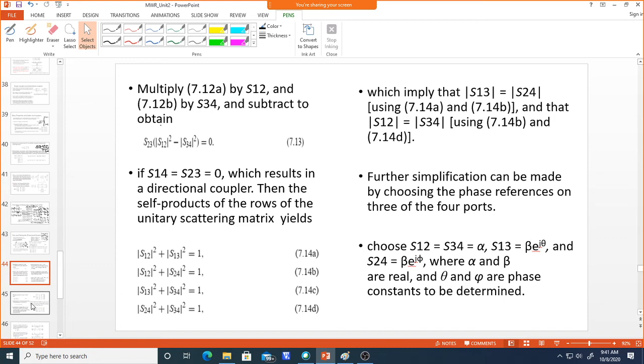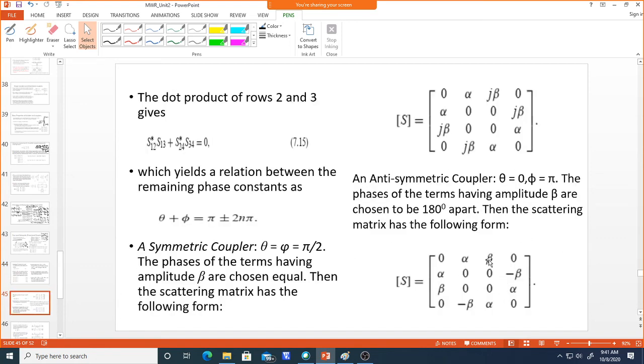And this is the matrix for the anti-symmetric coupler. So this is about the symmetric and anti-symmetric coupler. The phase variation is given by this equation. If you want a symmetric or anti-symmetric coupler, based on this equation you have to put the values of theta and phi. So this is how the coupler is derived from the S matrix.